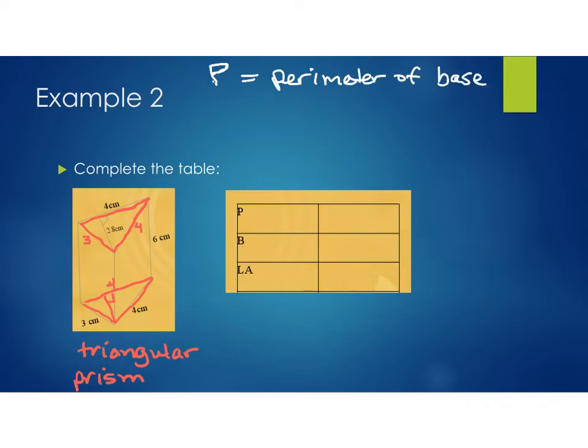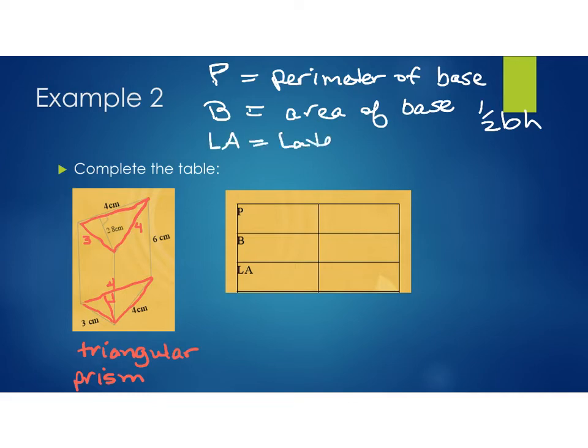The capital B represents the area of the base. In this case, it's a triangle, so it's going to be the 1/2 base times height formula for the area of a triangle. And then the LA represents the lateral area. And again, that's perimeter times height.